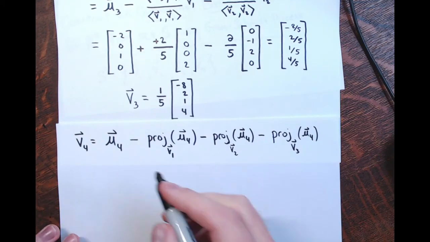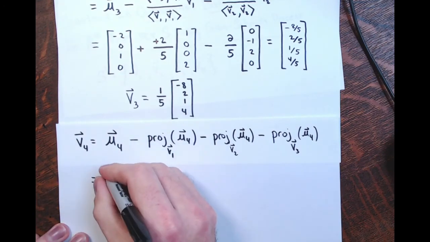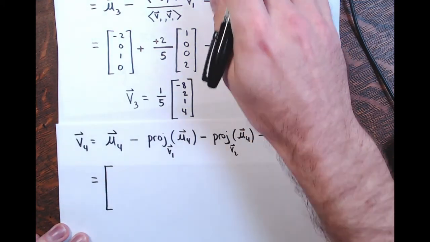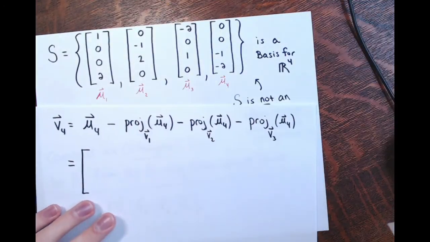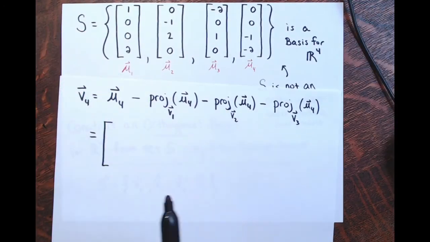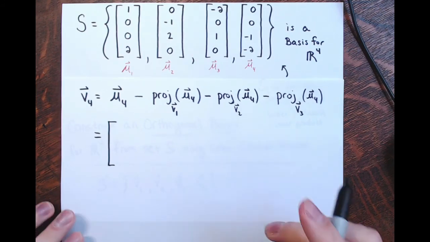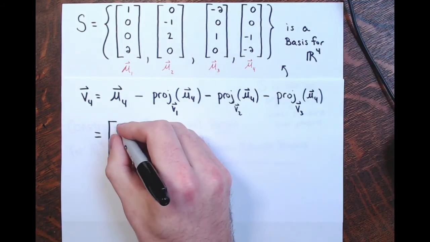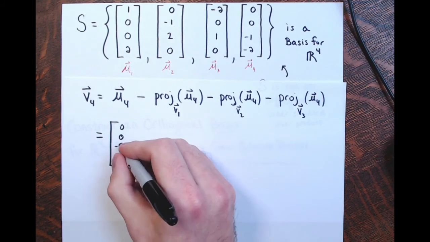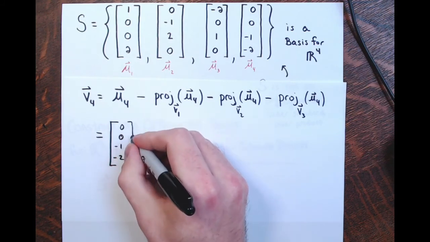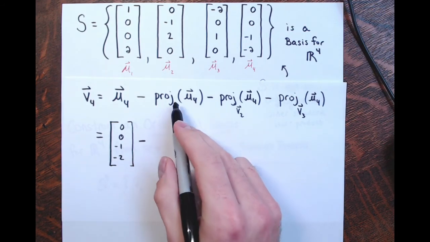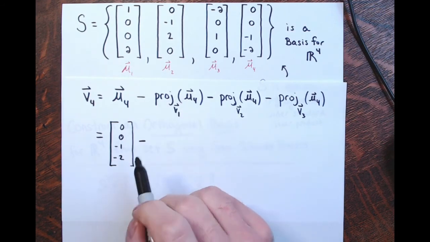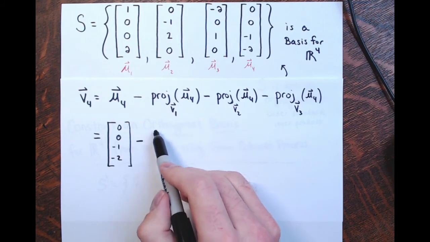All right. So u4, again, was the fourth vector from our original basis. So 0, 0, -1, -2. Minus. Remember the projection. First, there's a fraction.